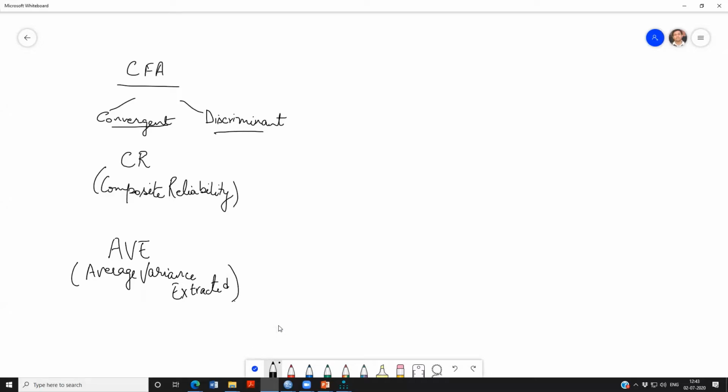Okay. Now, what is composite reliability? Composite reliability is given by the formula.